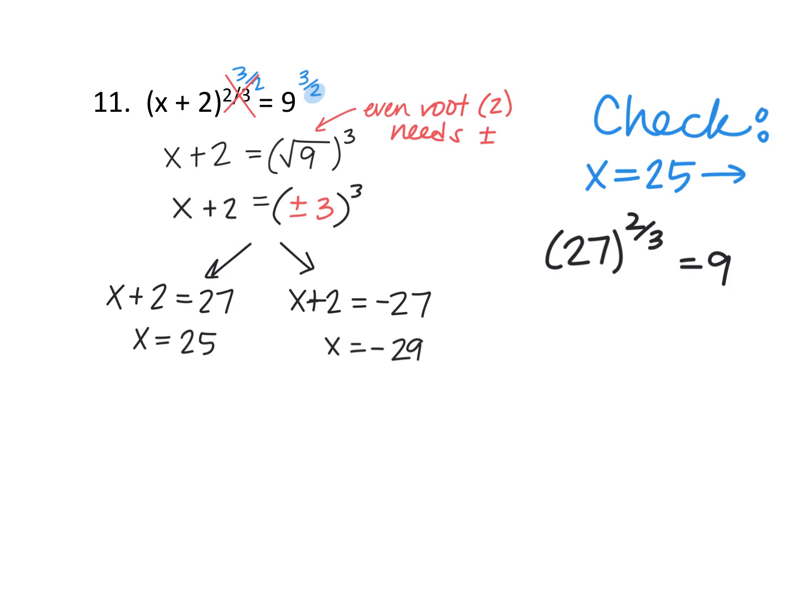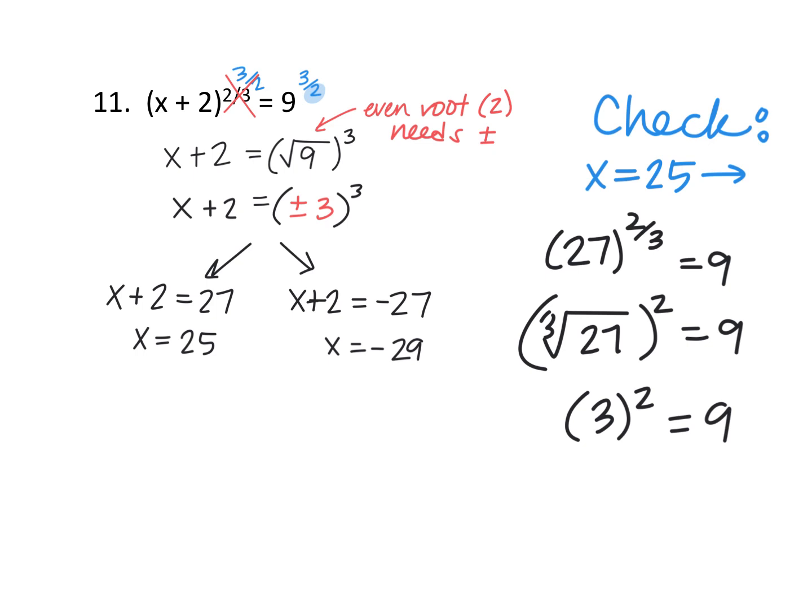That's confusing, so we're going to rewrite it. So it's the cube root of 27 squared. What's the cube root of 27? It's 3, so what you actually have is 3 squared, which is 9? Yes. Okay, so that one checks out. You're good.